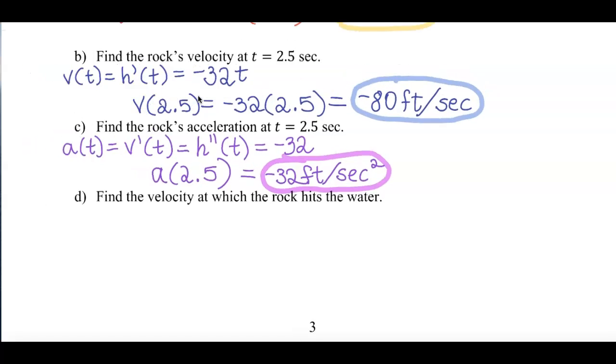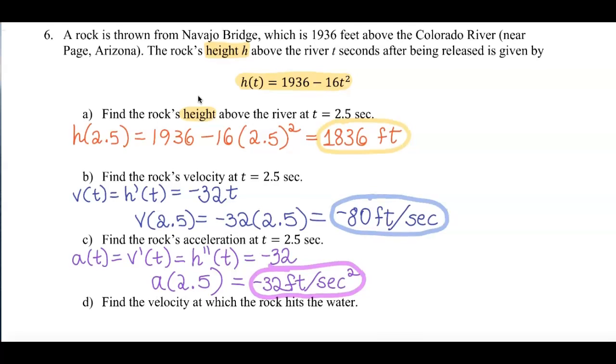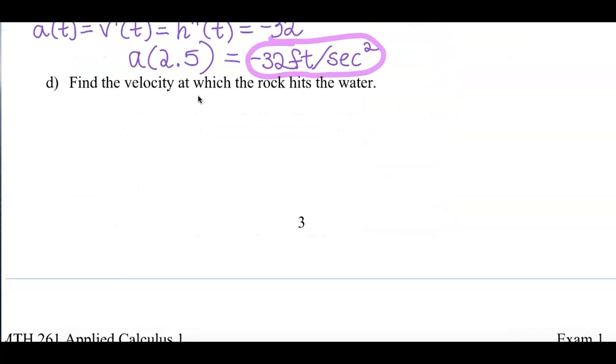Okay, I have a feeling you are okay with the first three, but it may be the last part that you had a question on. So let's talk about the last one. It says the velocity at which the rock hits the water. Let me underline this part. At which the rock hits the water.